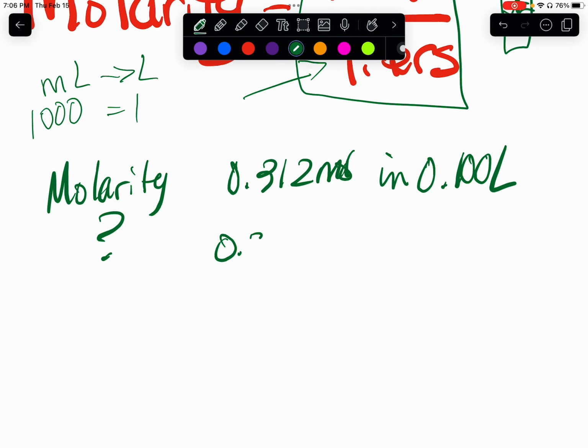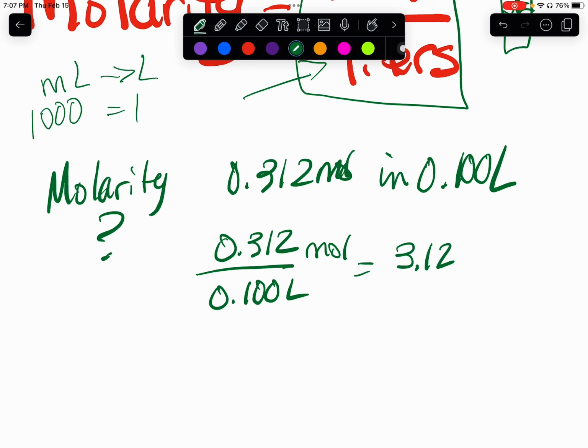So 0.312 moles divided by 0.100 liters. And what do you get? 3.12. Two ways you could do your label. Moles per liter, totally acceptable. Or if you're lazy, 3.12, capital M. It has to be capital. Can't be lowercase, that's something else. So make sure you do a capital M, okay?